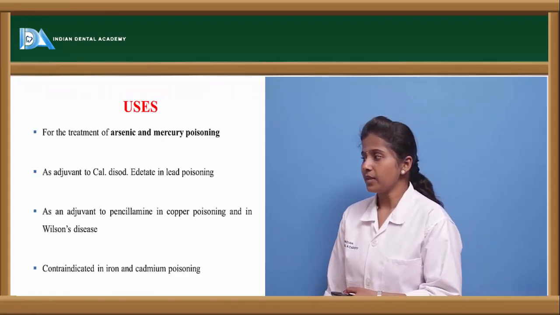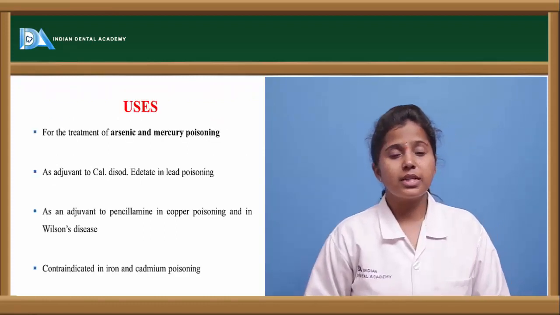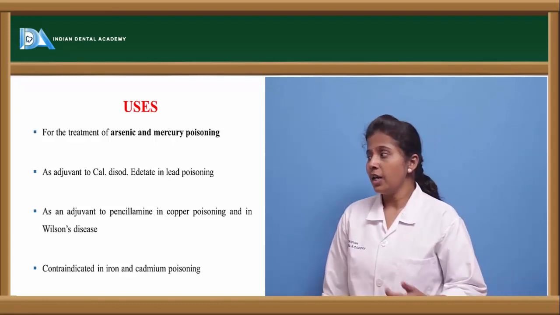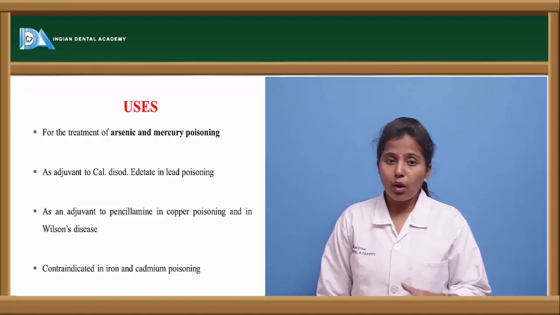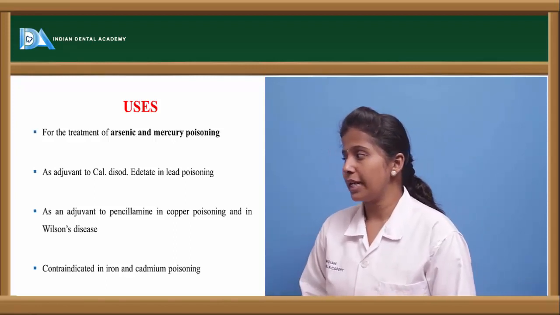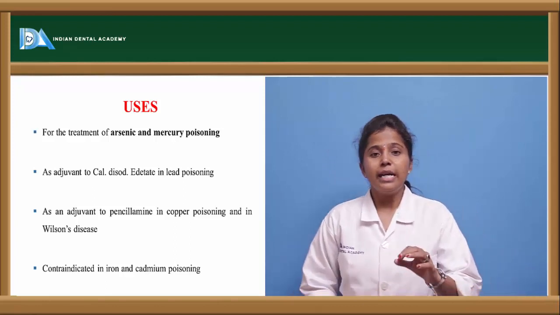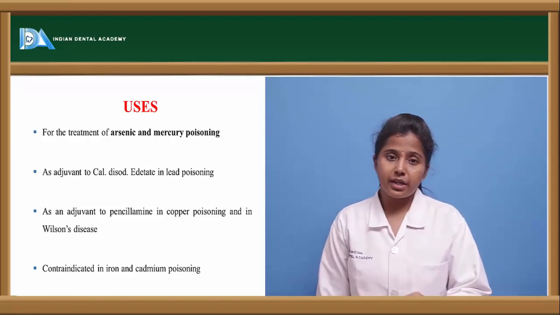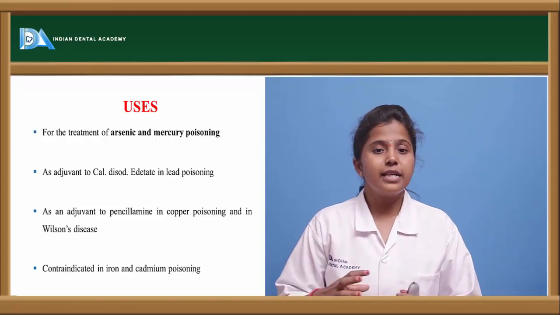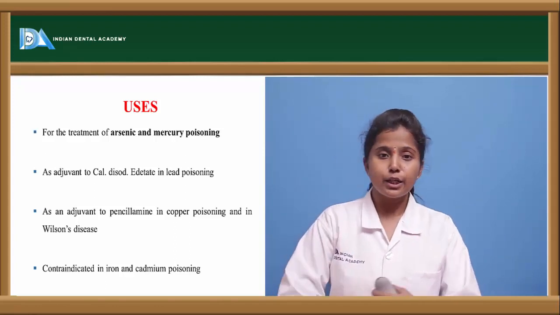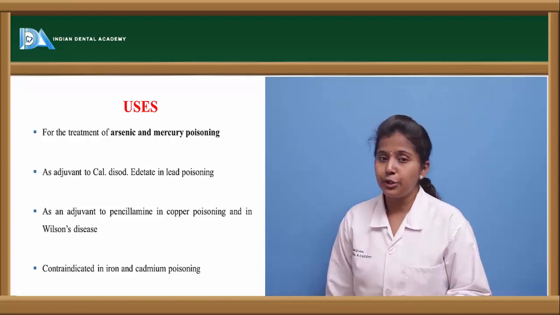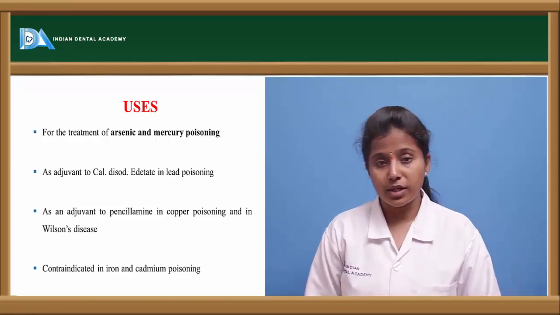What are the uses of this DIMERCAPROL? DIMERCAPROL is mainly used in arsenic and mercury poisoning. Along with that, it is given as an adjuvant to calcium disodium EDTA in lead poisoning. EDTA is mainly recommended in lead poisoning, so DIMERCAPROL is used as an adjuvant. If it is given with calcium EDTA, then it shows a synergistic effect in lead poisoning. It is also used as an adjuvant to penicillamine in copper poisoning.